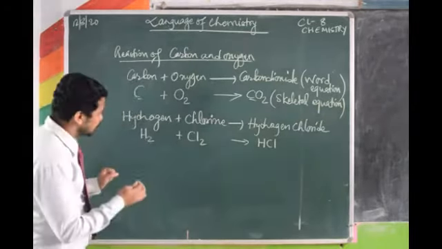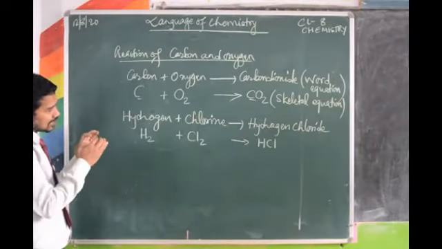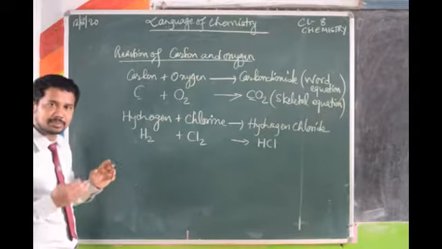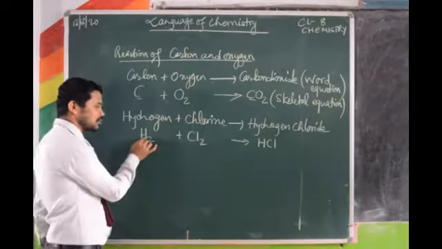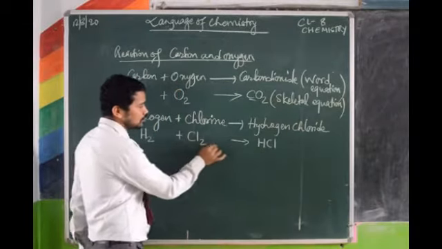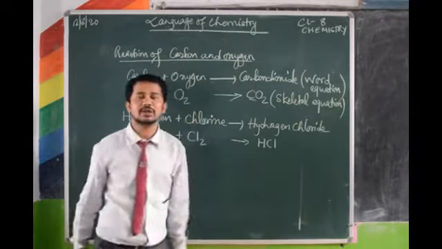Now when we start counting the number of atoms on the reactant side and product side, hydrogen is 2 and hydrogen is 1 here. Chlorine is 2 and chlorine is 1 here. So this is not balanced.